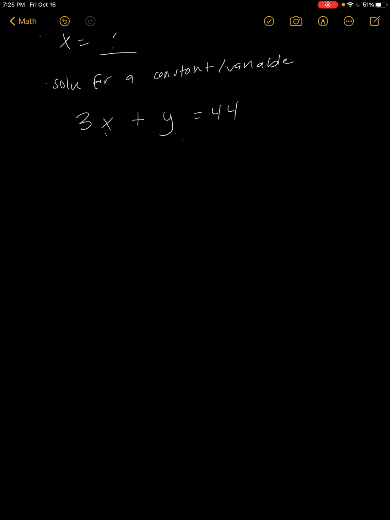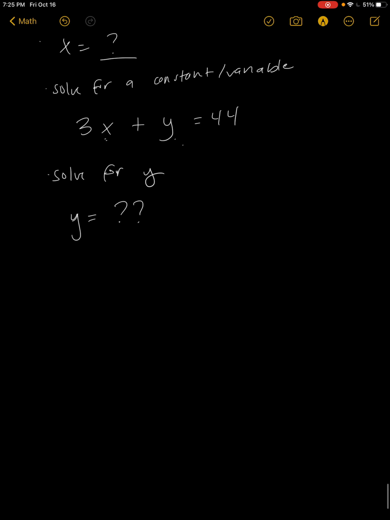You're going to have to solve for y. The problem might say solve for y. That means I want to end up with y equals something. But I'm not going to have y equals a number. It's going to be y equals an equation, not a number.